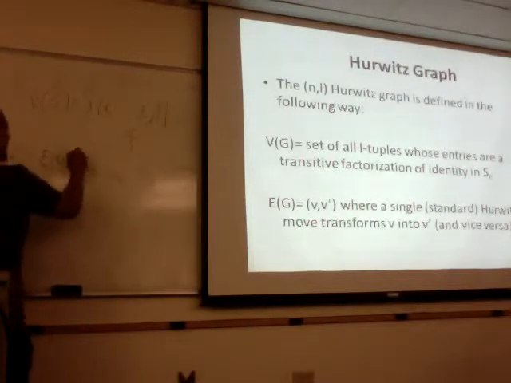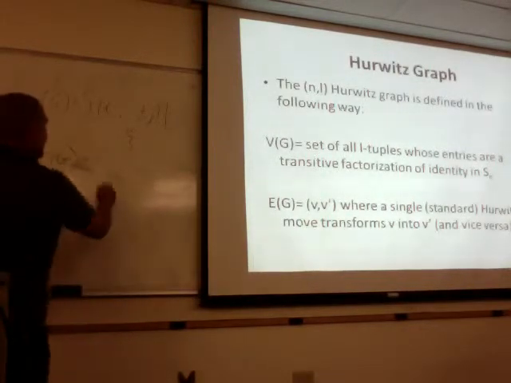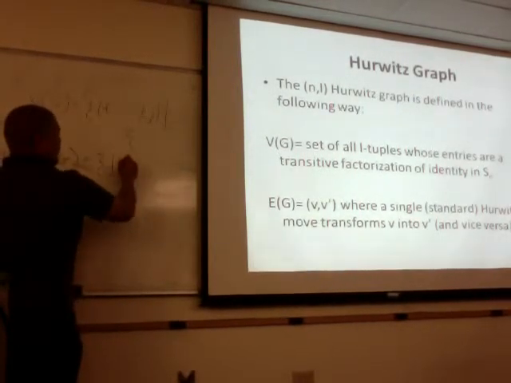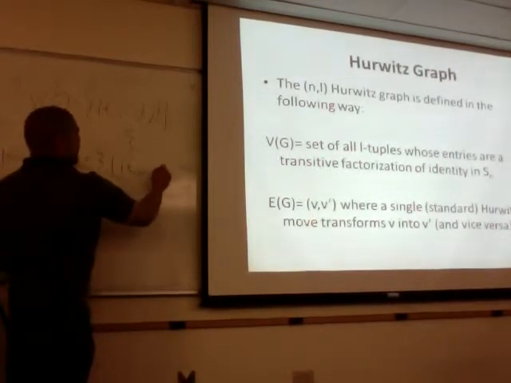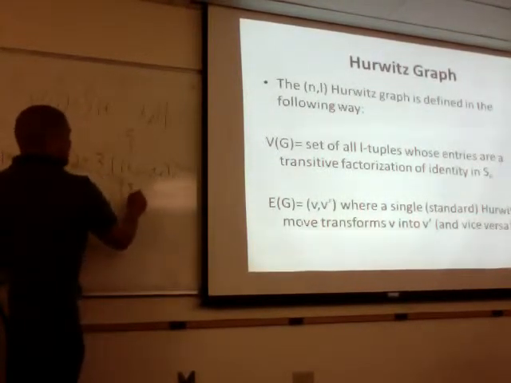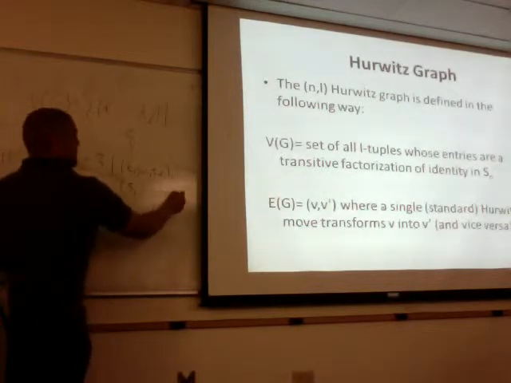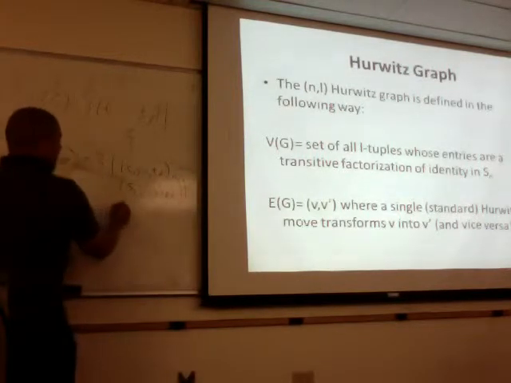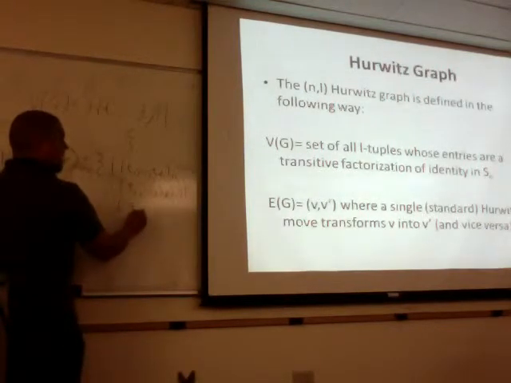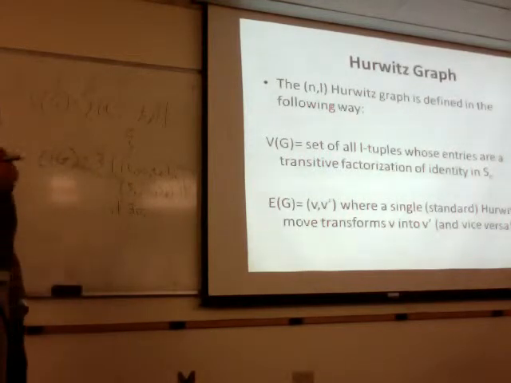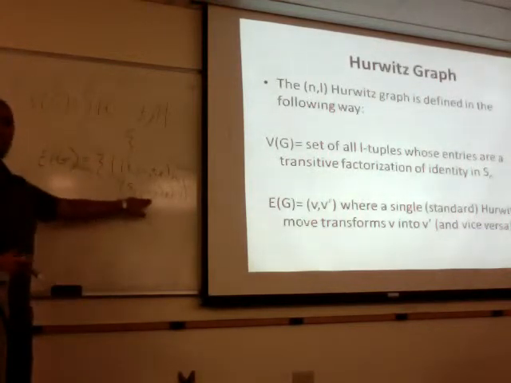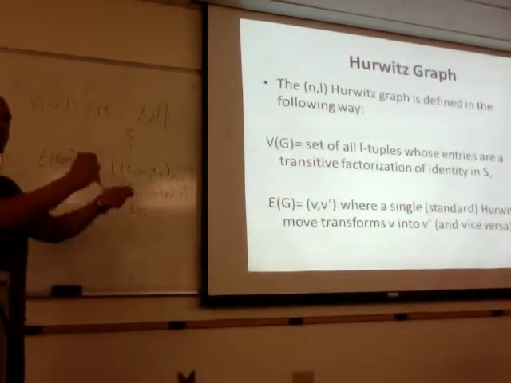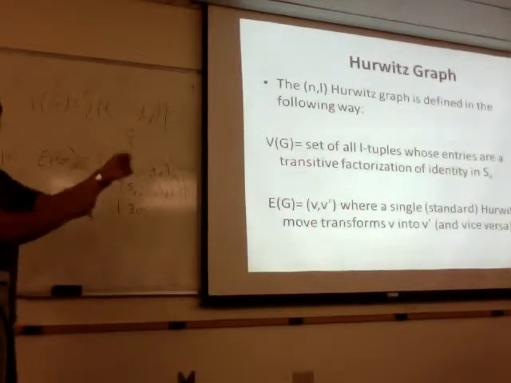Now the edge set is also defined in a pretty standard way. So let's say we have two of these tuples, T1 to TL, comma, S1 to SL. This is an edge if there exists a Hurwitz move that transforms one of them into the other. A single Hurwitz move, just doing this transposition and conjugation.